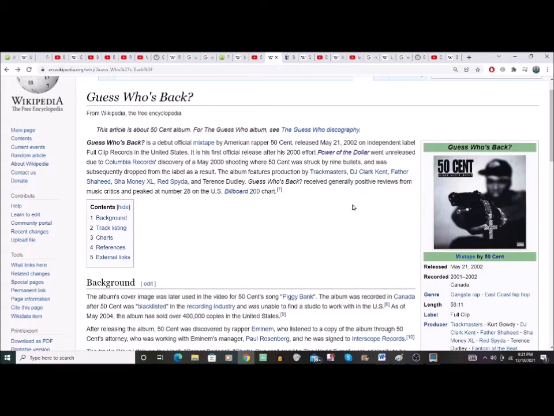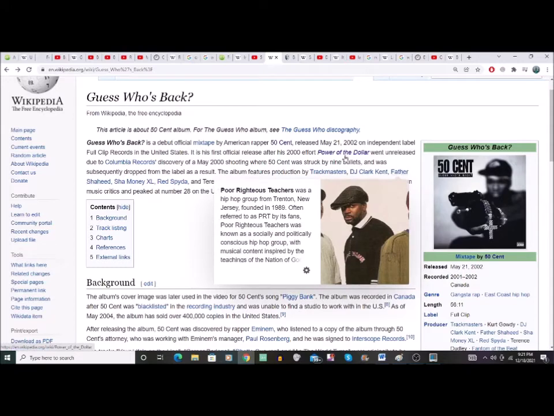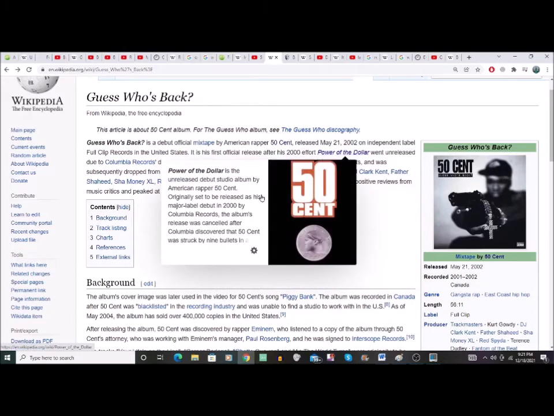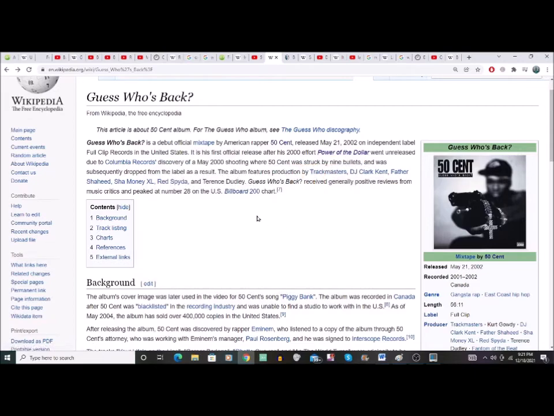This is 50 Cent's early breakout mixtape, sort of his debut stuff. But anyway, The Power of the Dollar. That's his first album, and this one here, Guess Who? Get the Hoovers Back.